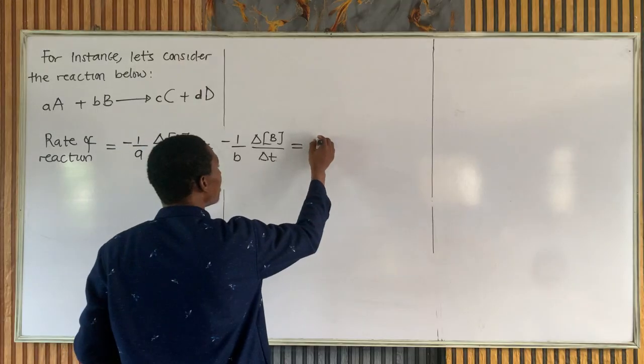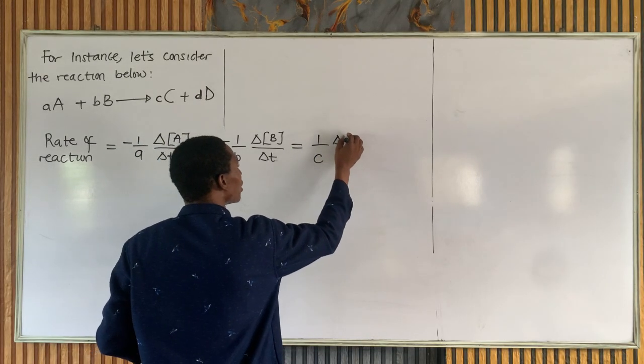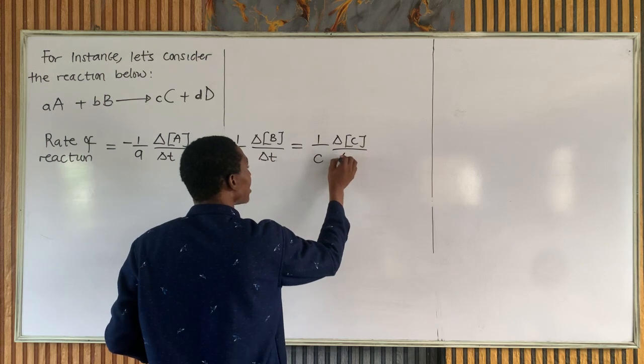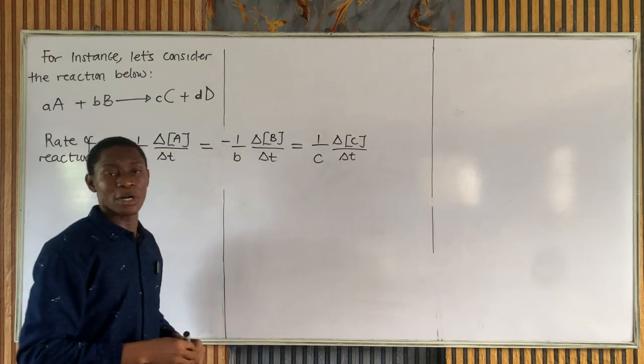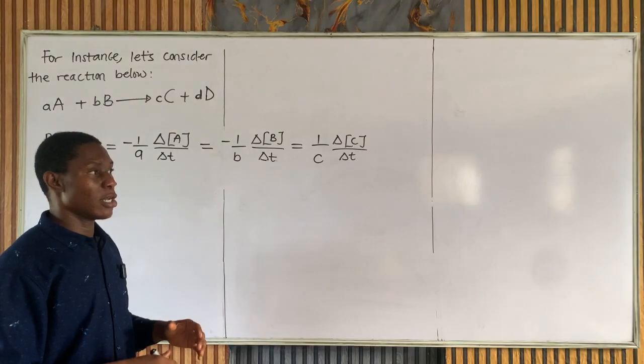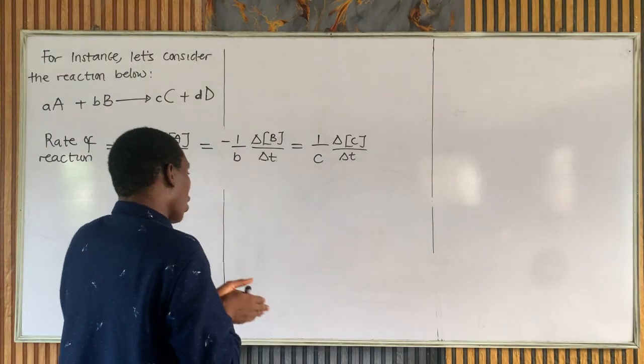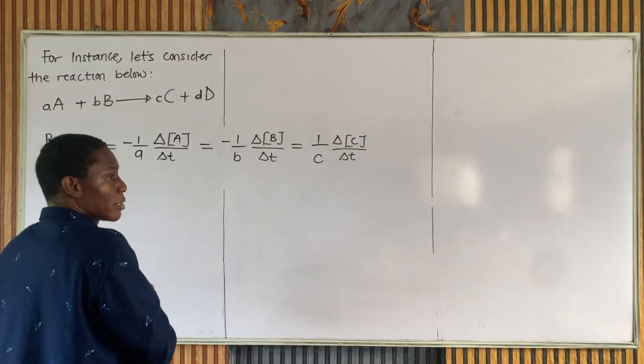So this will simply be 1 over C, without the minus, change in concentration of C over change in time. That's because change in concentration of products is always positive, since the final product is always bigger than the initial product.